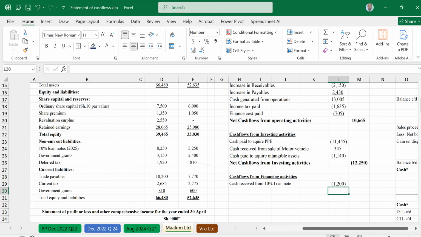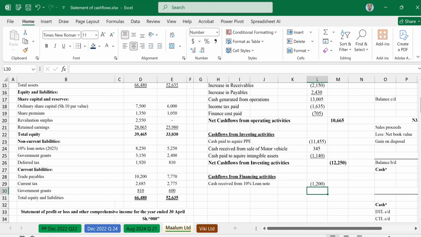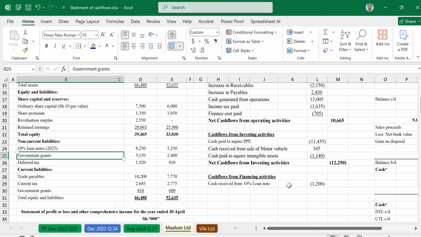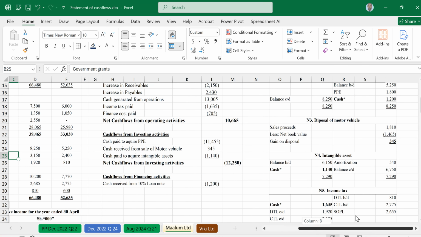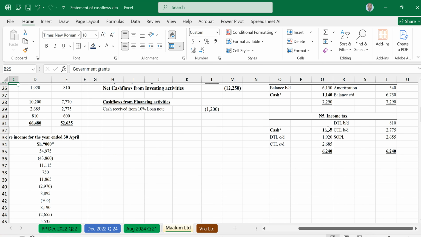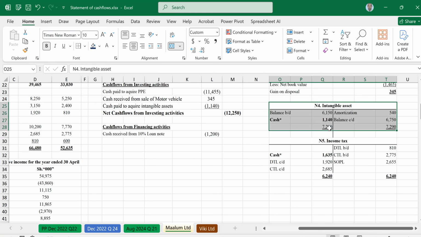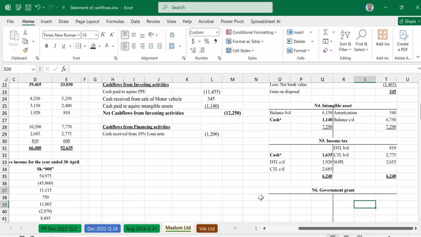Now check if there is any other amount. None. I want to move to government grants. We have some government grants that we must also do our working. So government grants, we have non-current liability brought down.